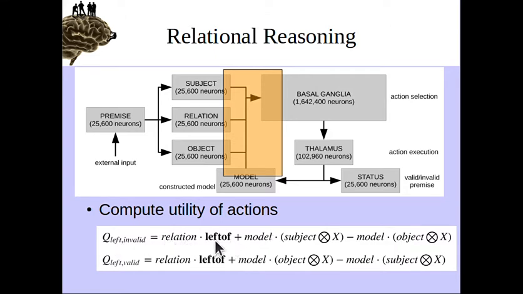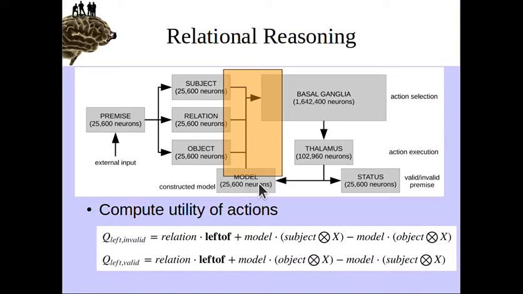Okay, that tells me that I'll get a large value if it's to the left of. Fine. But now I've got two different cases. I want one action that will happen if this statement is true, and one action that will happen if the statement is false. How can I compute that?